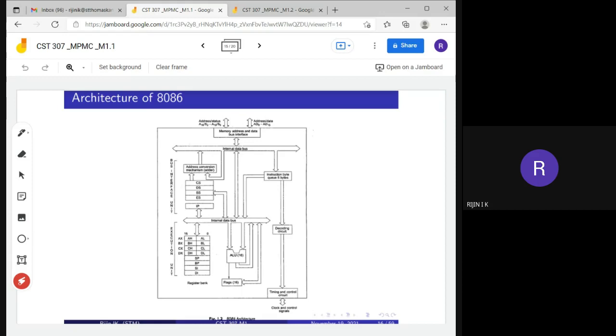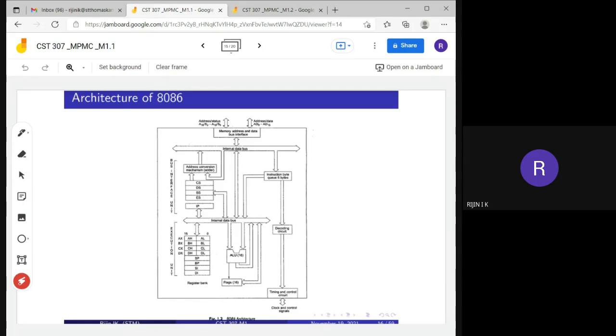So decoding the instruction is the next important function. Then after decoding, it can execute the instruction.